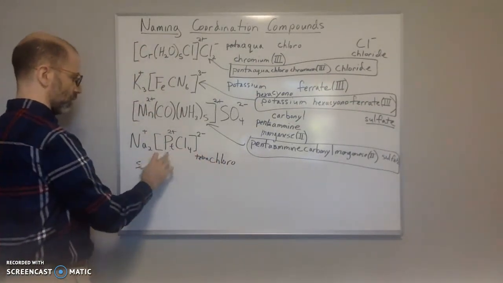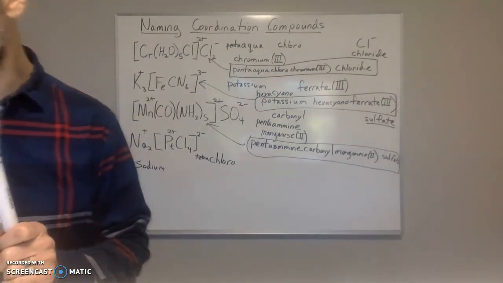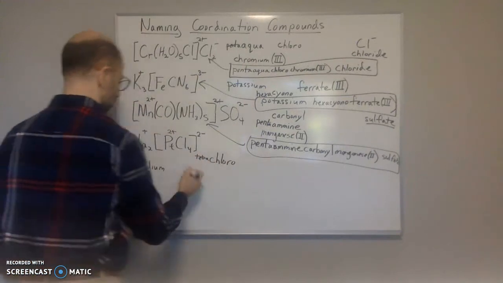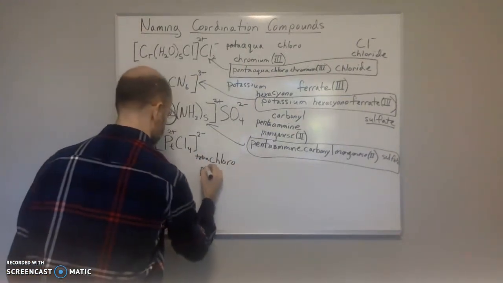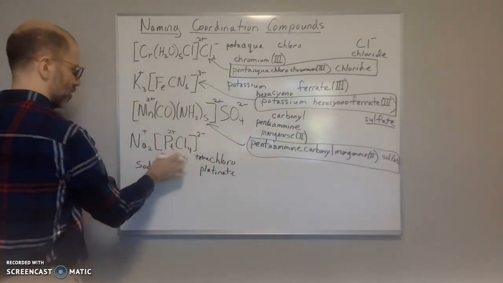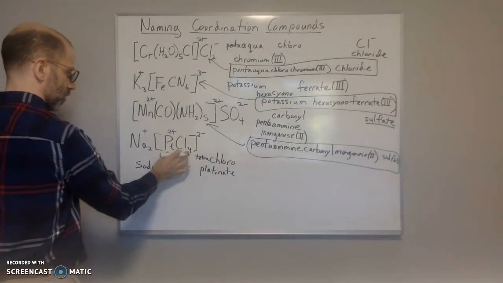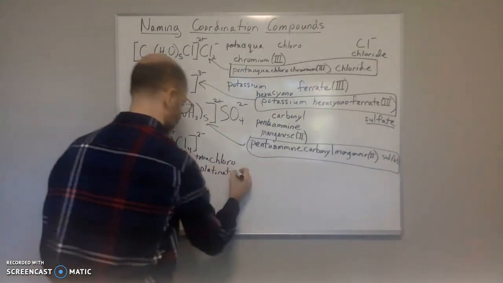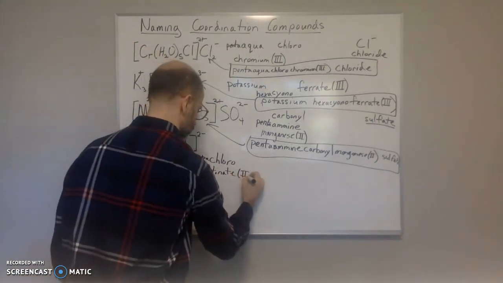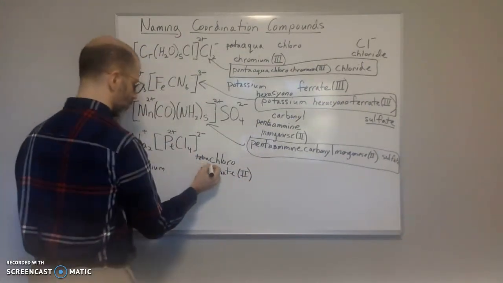And then we name this here. Pt, when we have platinum, is called platinate. So platinate is the name of platinum as part of an anion coordination complex. And then it's got a 2+ there, so we have Roman numeral II. Put this together in alphabetical order.